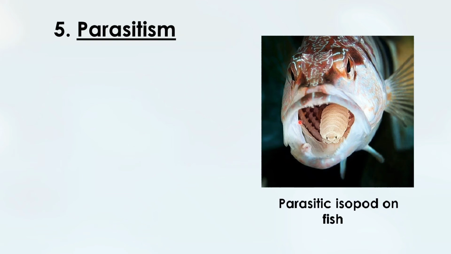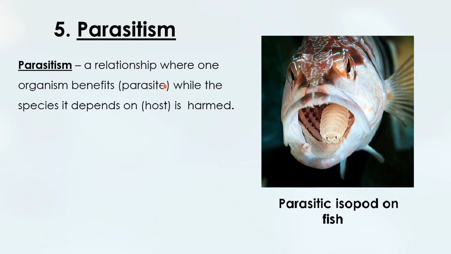And next we have parasitism. Parasitism is a relationship where one benefits, and the one who benefits is called the parasite, and the other species is the host. The host is harmed.